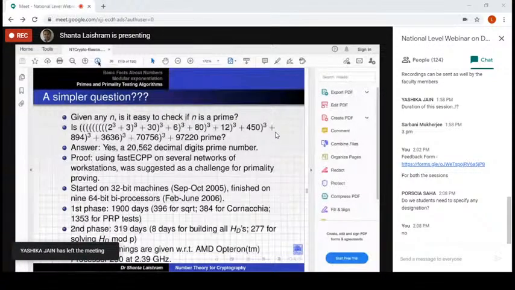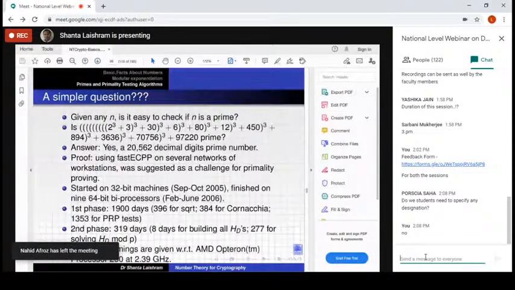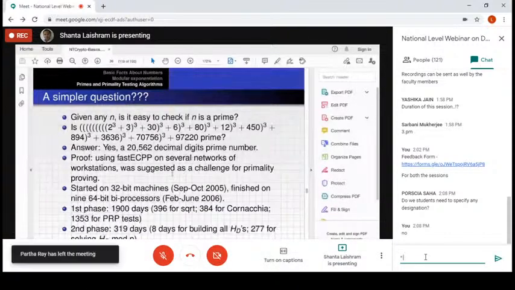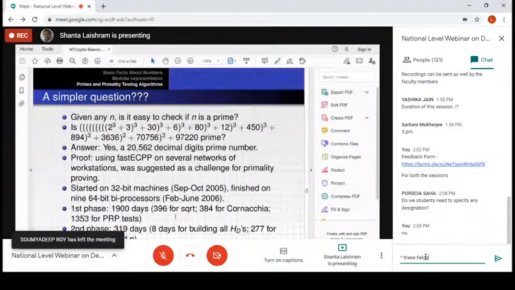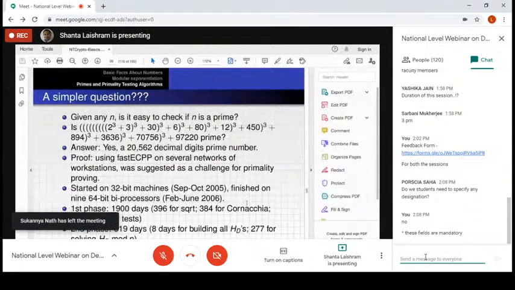Basically, it was a sort of challenge for checking whether a number is a prime or not, and it was checked using the so-called fast elliptic curve primality proving method, the ECPP method. They worked on several networks of workstations, and it involves a lot of steps: the square root step, Cornacchia step, PRP test, computing Hilbert discriminant, and so on.